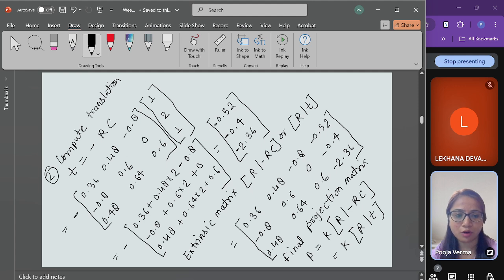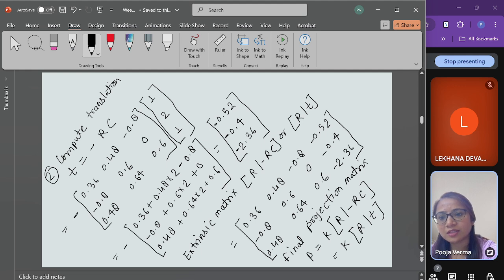Now we need to multiply these two matrices K and R given T. Okay, so it is a lengthy calculation, so I am just writing it here. You can calculate it parallelly if you have a calculator, otherwise you can calculate it later also. Okay, so here we have got this.